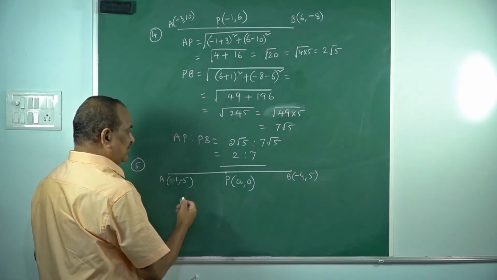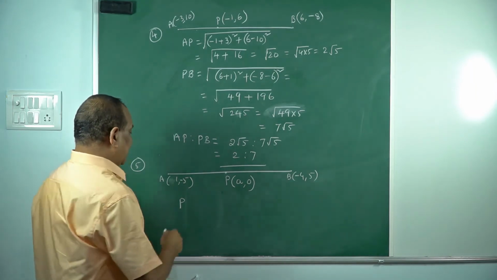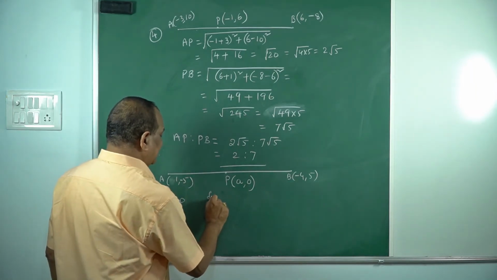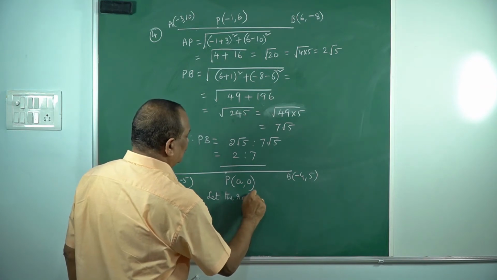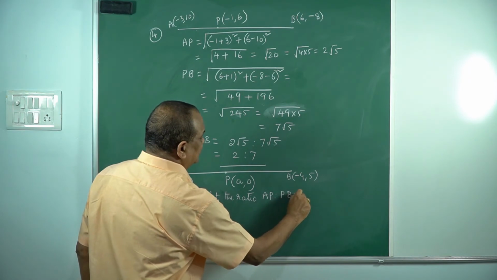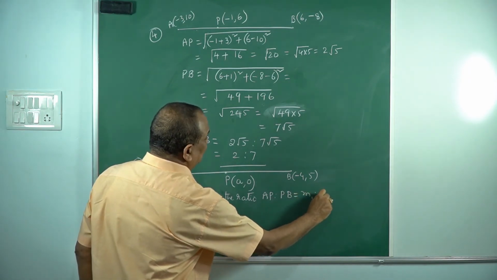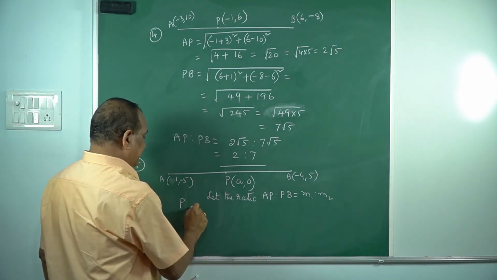Ratio is not given to you. Let us take M1 is to M2, which you need to find out. Let the ratio AP is to PB be equal to M1 is to M2. How do you get P now?